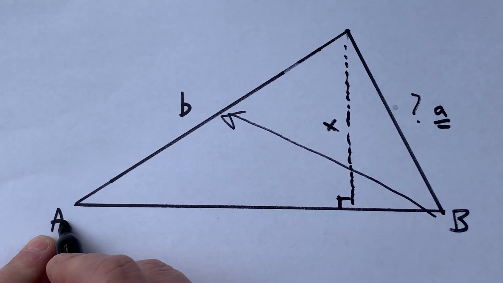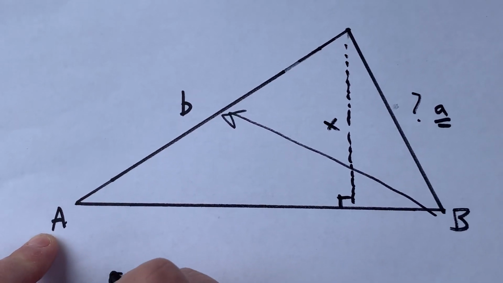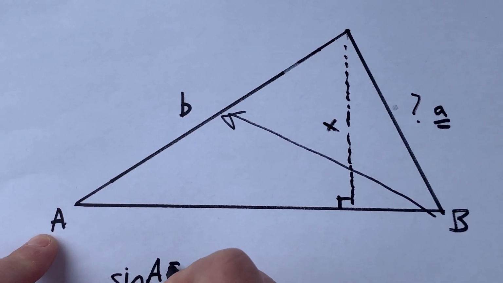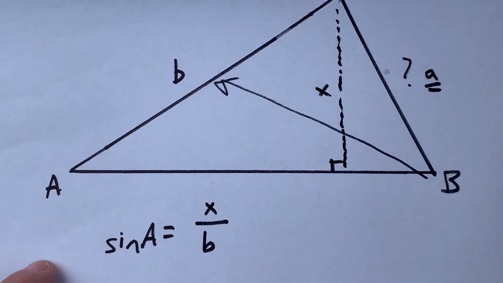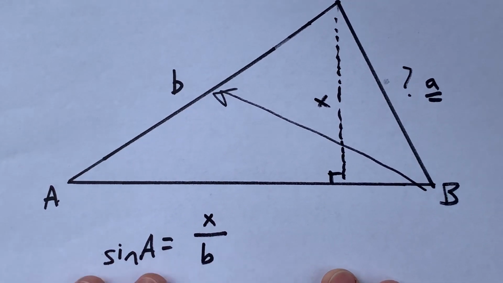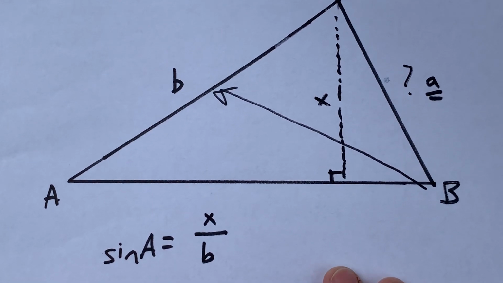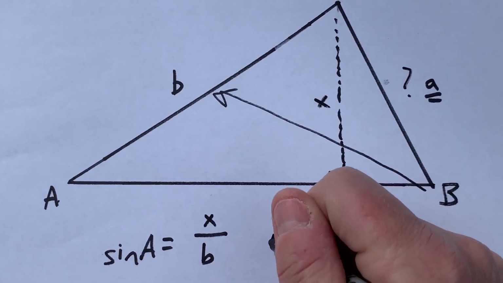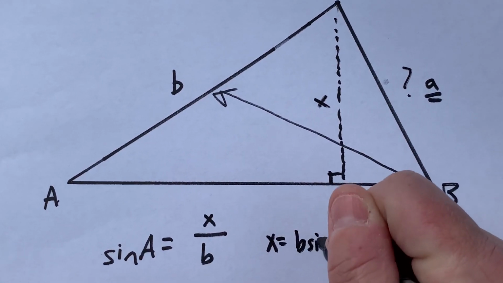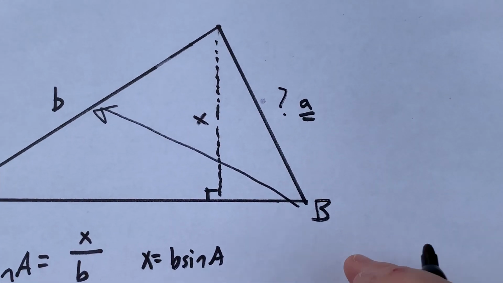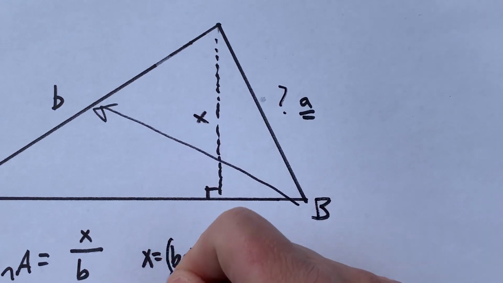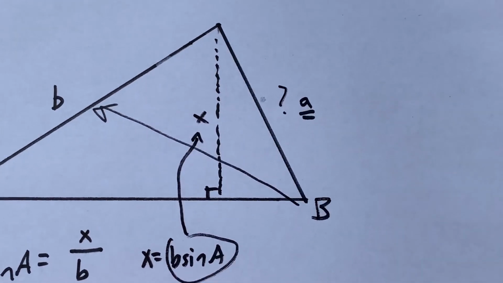I don't know what it is, but I know I've got it. So I could say that sine of angle A is equal to the opposite side divided by the hypotenuse. And then I could solve that for x. So x is equal to b sine A.